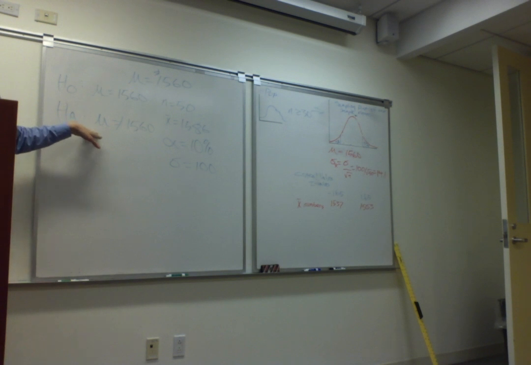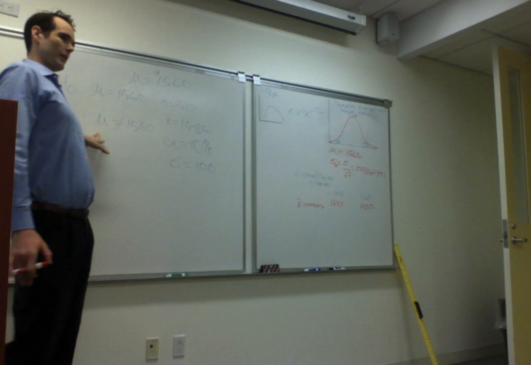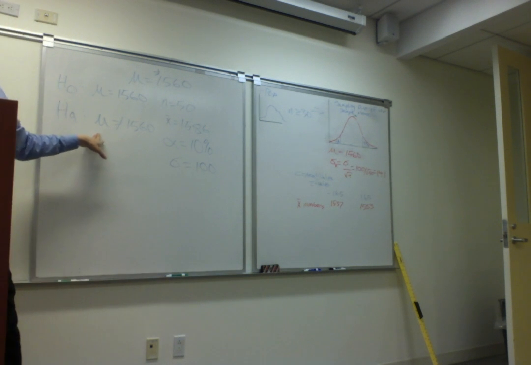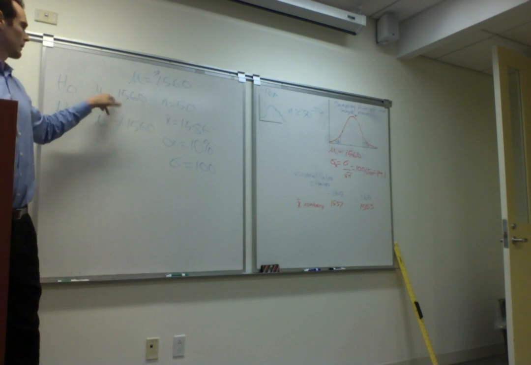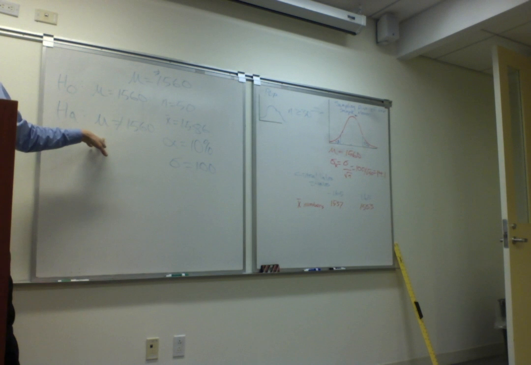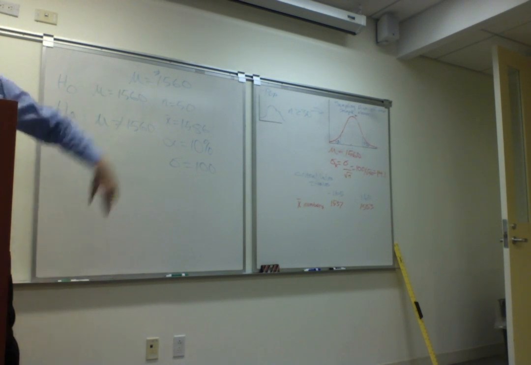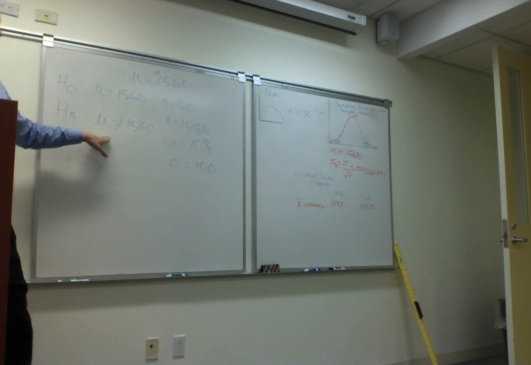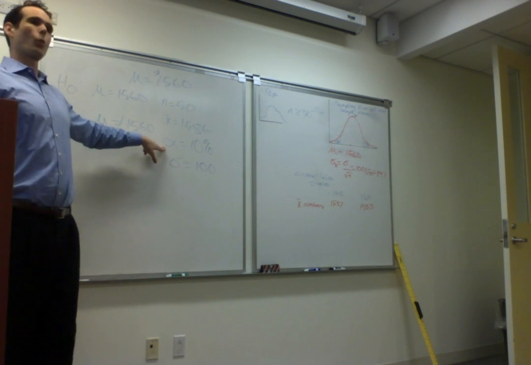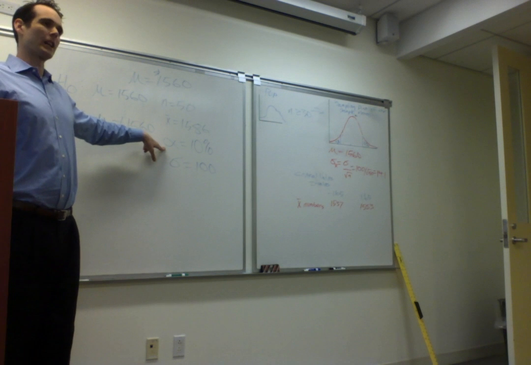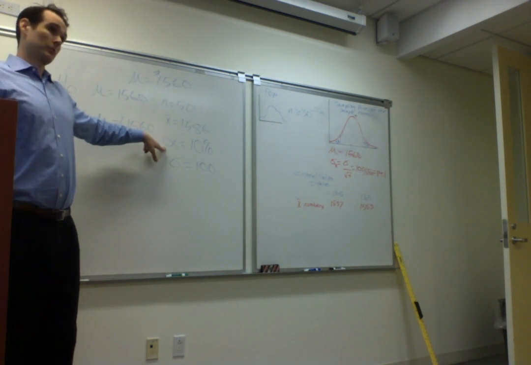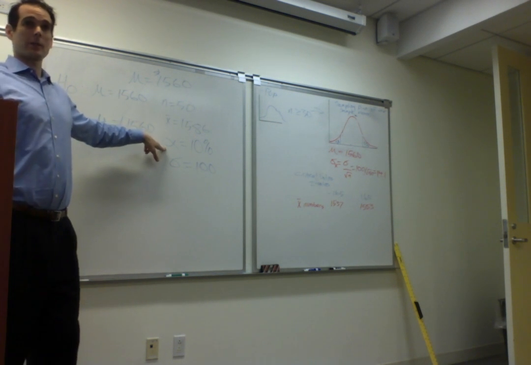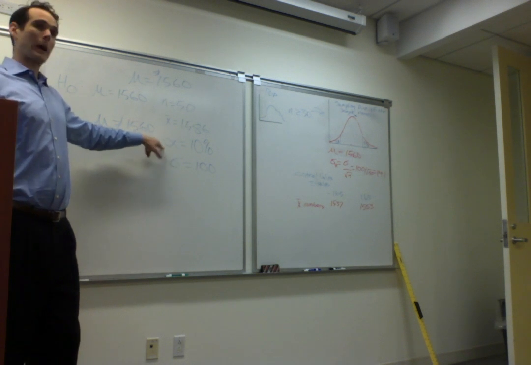And I'm going to see if I find overwhelming evidence to the contrary. If I find evidence that would be so unlikely given that what you say is true, if it's that unlikely, I'm going to reject that and assume the alternative. And then we had to make a decision. What do we mean when we say unlikely? We could have said 1%, could have said 5%, just so happens we said 10%.